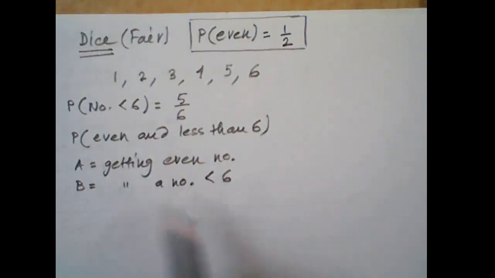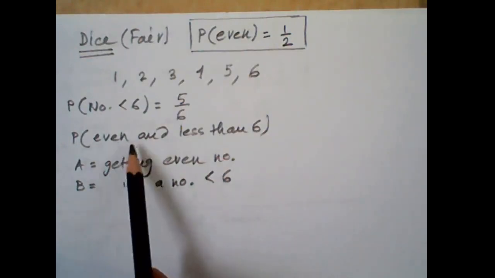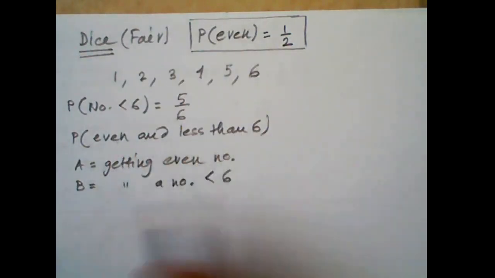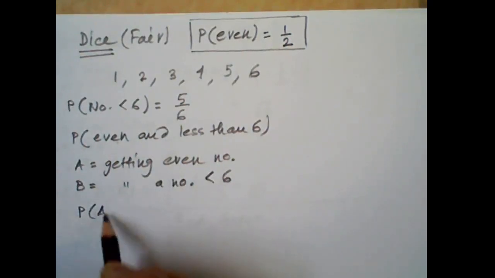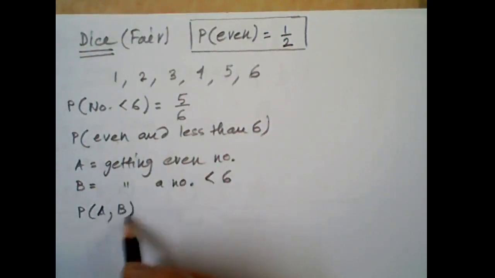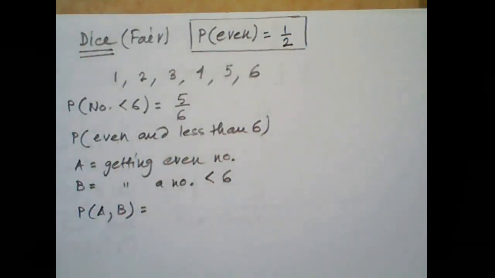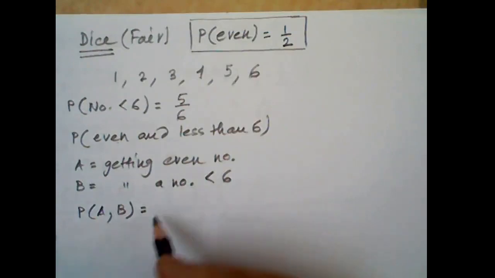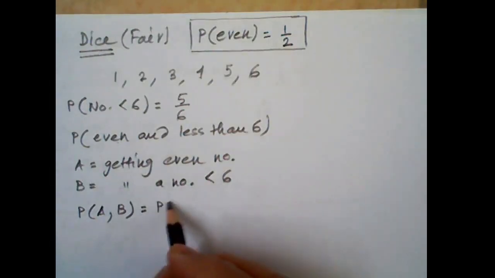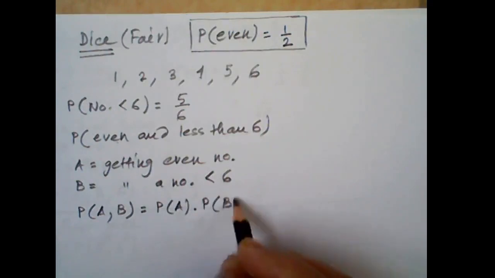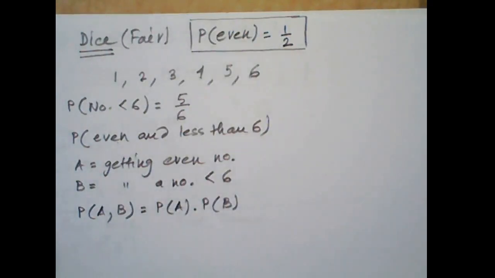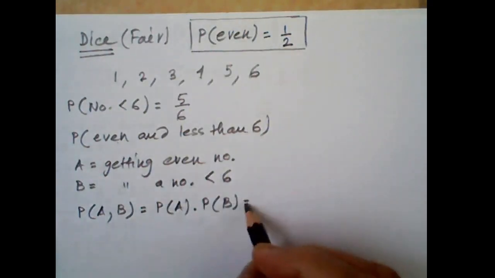And so asking what is the probability of getting an even number and a number less than 6 is nothing but the joint probability of A comma B. Which, if we were to use the previous calculation, will be probability of A times probability of B. Now let's see what the probability of A is here.